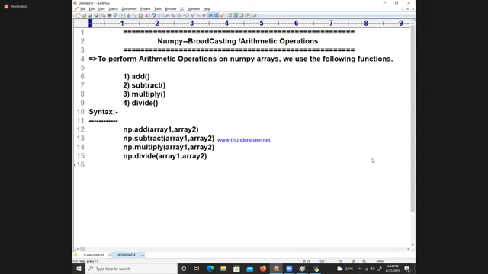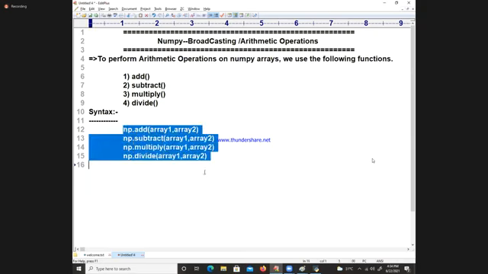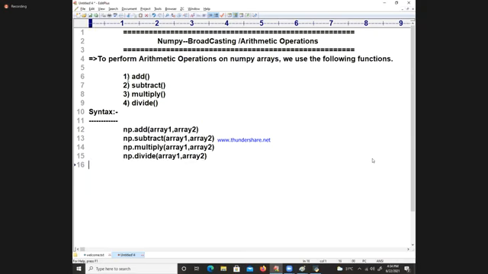Instead of doing these operations, what can we use? I am writing one note. Instead of using these functions, we can also use all arithmetic operators of Python.